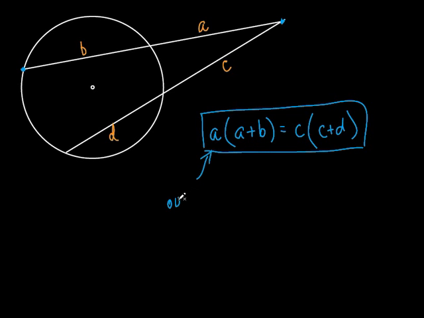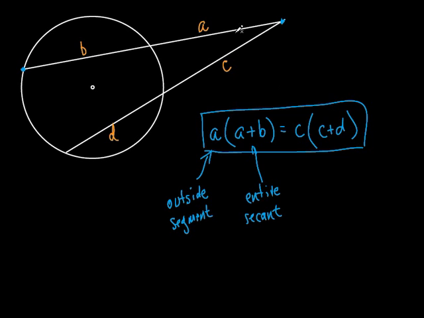This is the outside segment. We'll just say outside segment. And this is the entire, or the whole, if you want to call it that. We'll call it secant. All right, so the outside part times the whole thing equals the outside part times the whole thing.